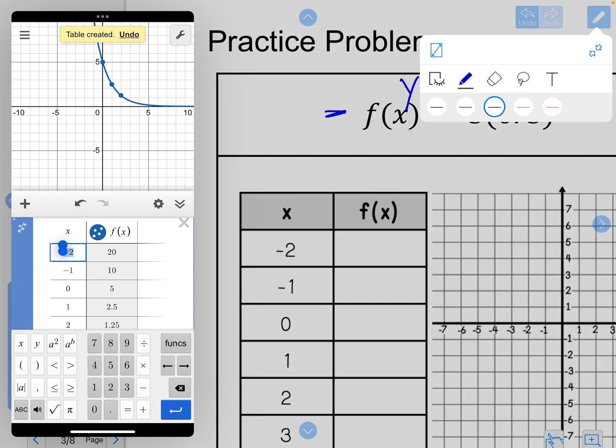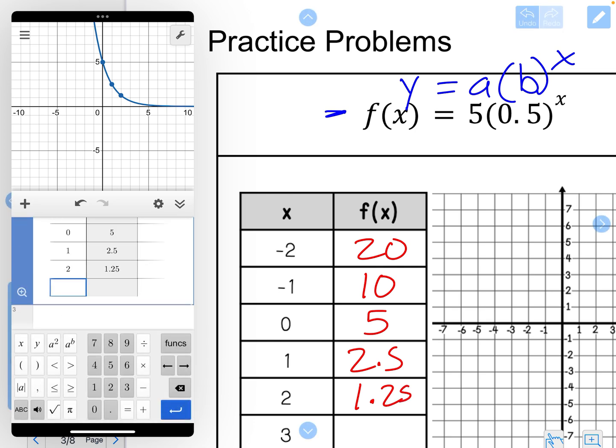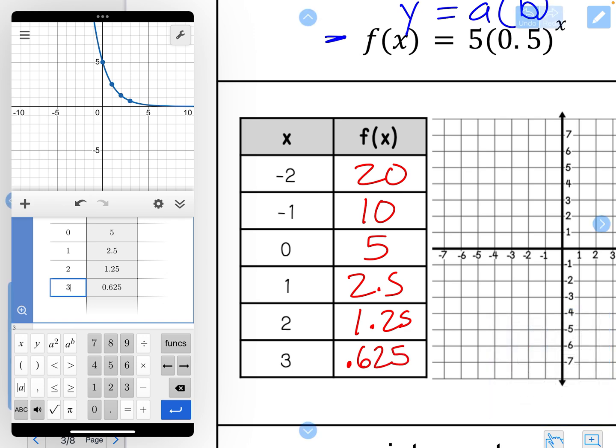So I turned this into a table by hitting settings. And so -2 is 20, -1 is 10, 0 is 5, 2.5, 1.25, and again, I'm going to have to type in 3, and we get 0.625.